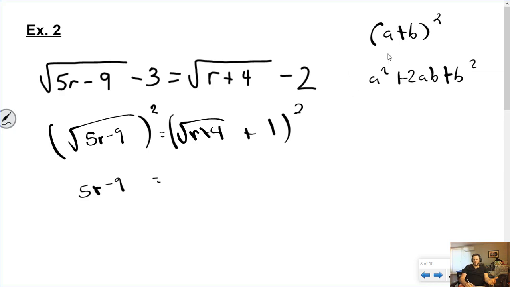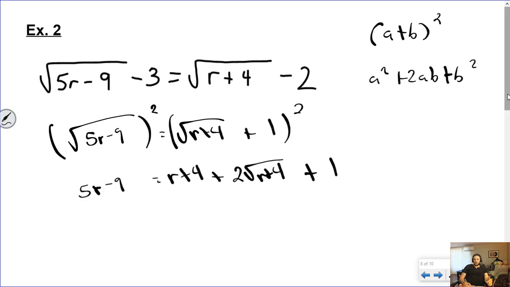That's our perfect square, so we can use that pattern to our advantage here. The first term just gets squared, so the square of the square root of r plus 4 is r plus 4, plus 2 times a times b, where b in this case is 1, so times 1, and then plus b squared, or 1 squared, which is 1.